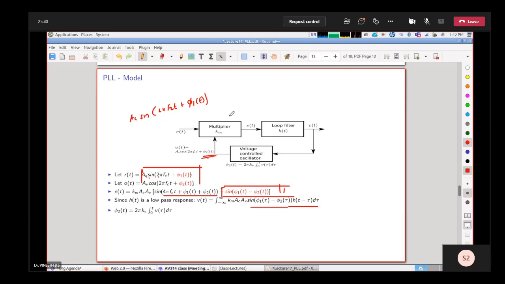Sir, how can we make sure that there is an FC component in the output O of t when we are filtering out the 2FC component using the loop filter from E of t? Oh, okay. This block, right? Whatever we have here, that is not a filter. It is an oscillator. That oscillator is responsible for producing the sinusoidal signal at FC. It is not something that comes from here.